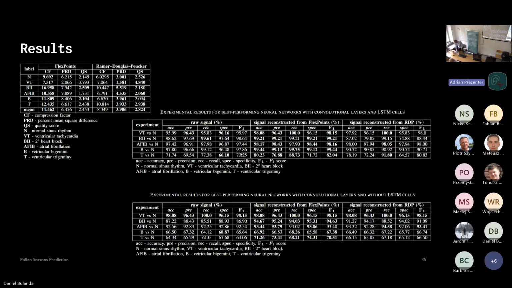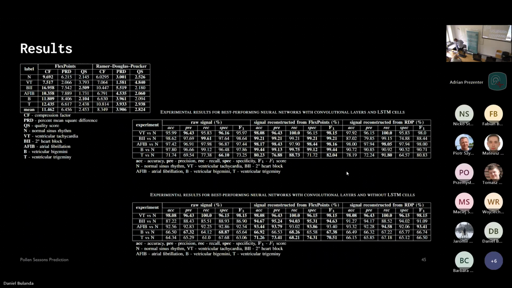So the experiments proved that for the neural networks with convolutional and LSTM cells, the flex-point algorithm improved, in any case, the overall accuracy and difference score, with some deviations. For example, in some cases, maybe the recall or specificity was better for the competitor, but in general, the flex-point algorithm significantly improved the overall performance.